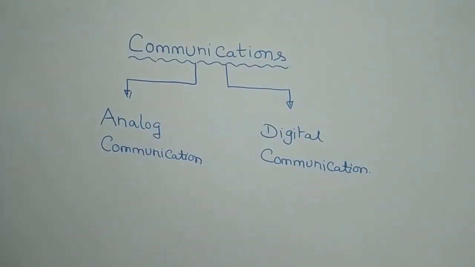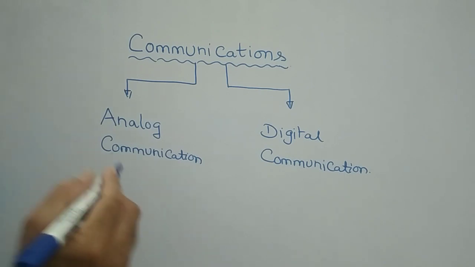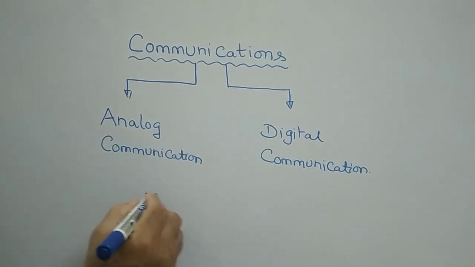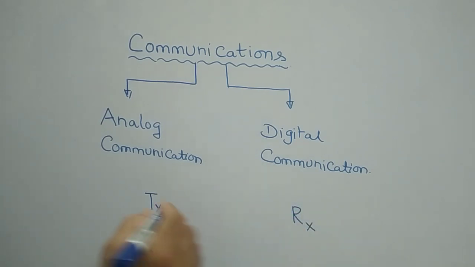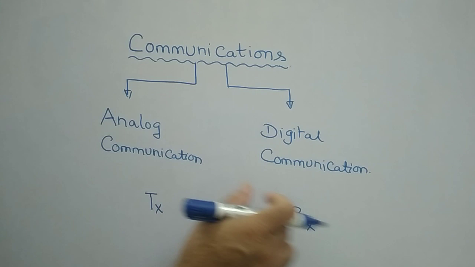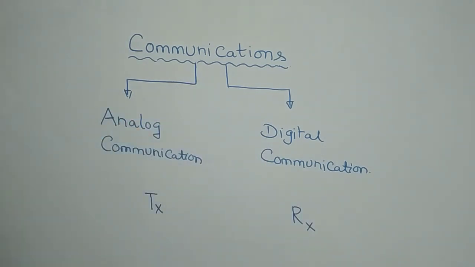What do you mean by communication in general? Communication is nothing but a process of transmission of information or transmission of a message from one place to another place. Normally, it is from the transmitter, denoted by capital T suffix X, to the receiver, capital R suffix X. We send the information in the form of a signal, or in the form of a wave.